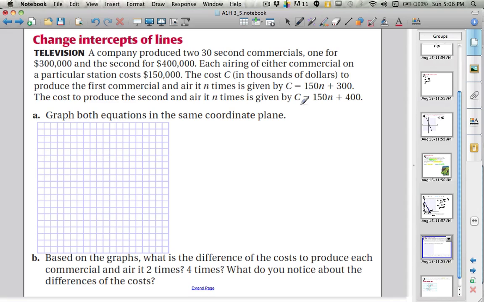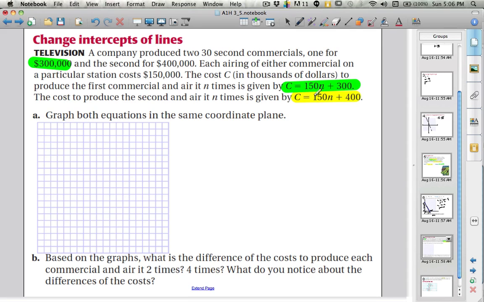And if we start looking at the equations they've created for me, I've got the cost is equal to 150 times n. That's the cost per airing of commercial, plus the $300,000, which was what it cost to make it. Okay? And if we look at the other equation, it's 150 times n.